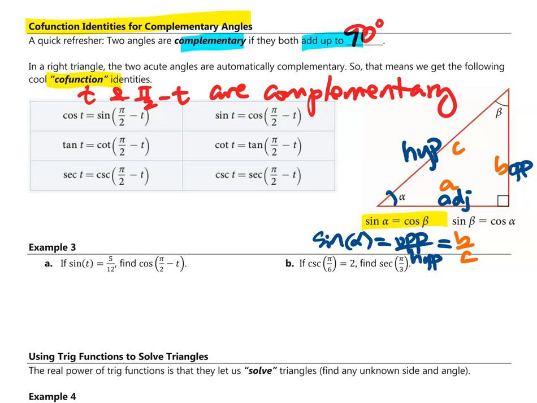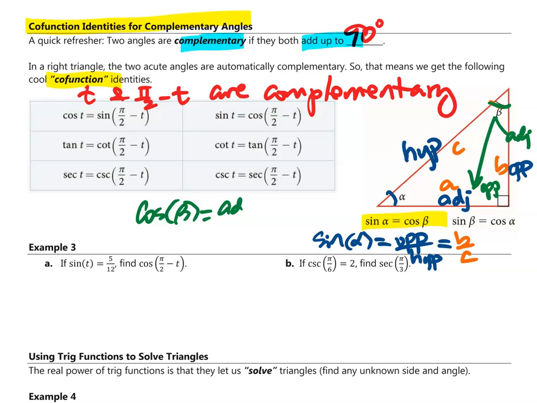While cosine beta, if this is our angle beta, meaning this is now the opposite side, this is the adjacent side, and this is still your hypotenuse.